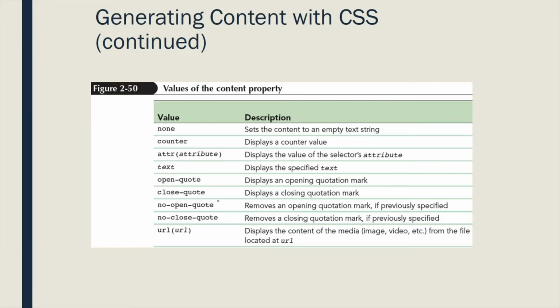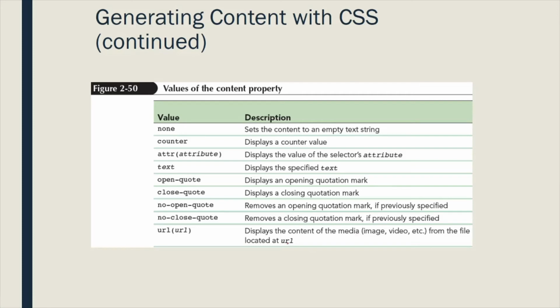Close quote, this displays a closing quotation mark. No open quote, this removes the opening quotation mark if it is previously specified, same as with the no close quote. And the URL, you can specify also the URL, which is the content media, either video or image, the GIF from the file located at the URL.